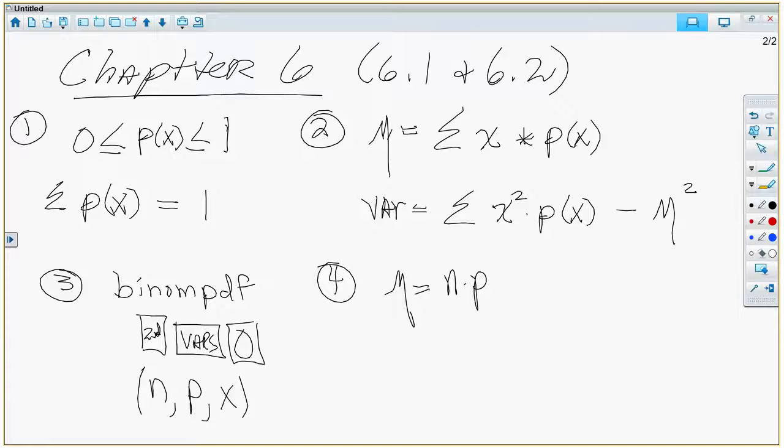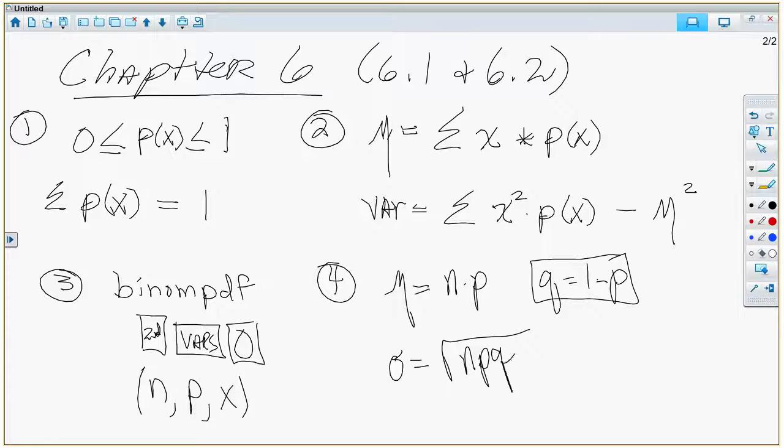One of those three you're going to be given for P. And also remember that Q is equal to 1 minus P. And the standard deviation is equal to the square root of NPQ, where Q is equal to 1 minus P. Now, those are the 4 things you need to know for chapter 6.